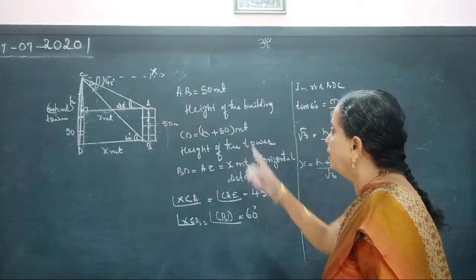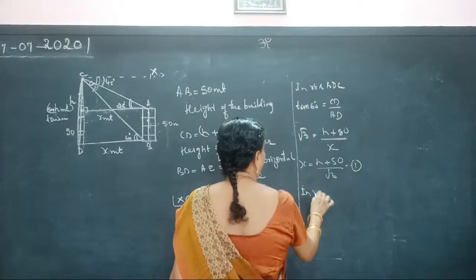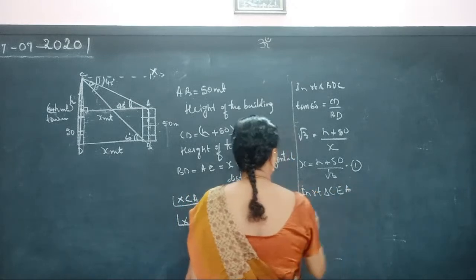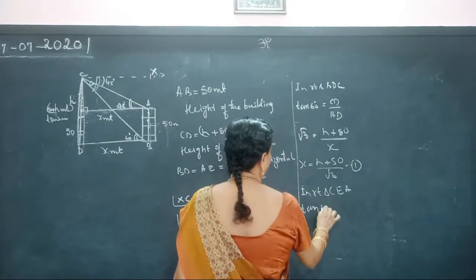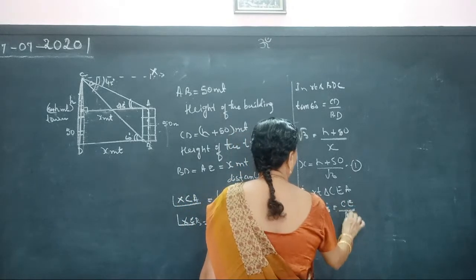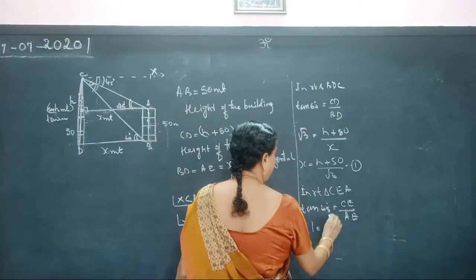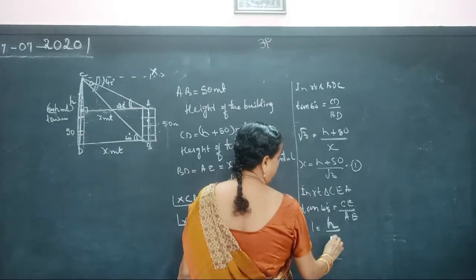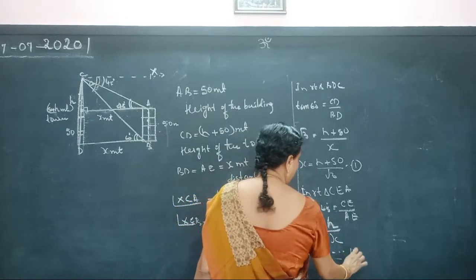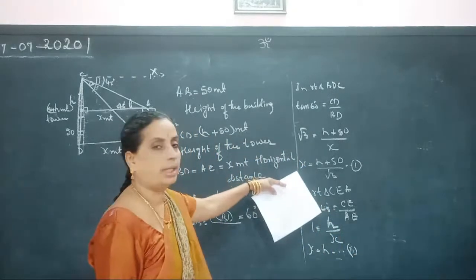In result 2, we consider right triangle CEA, tan 45 degree equals opposite side by adjacent side. Here tan 45 is 1, CE is h and AE is x, so x equals h. I have to substitute x equals h here.